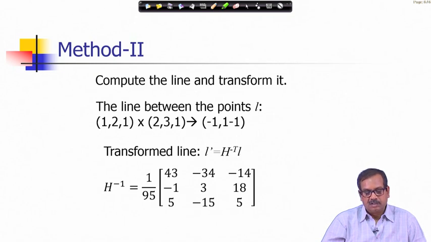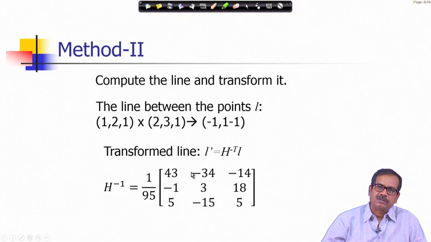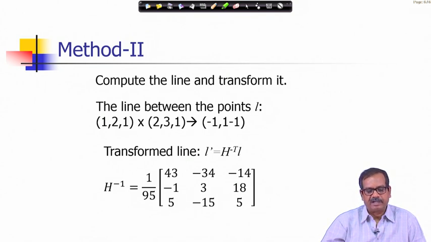So, you know how to compute the inverse of a homography matrix or inverse of a 3 cross 3 matrix, and there you need to compute the determinant and you need to compute the cofactors, take the transpose of the cofactors, and then you have to divide the corresponding matrix by the determinant. You will get the corresponding inverse matrix.